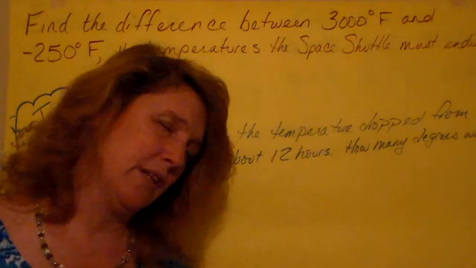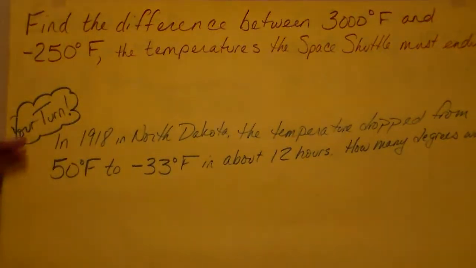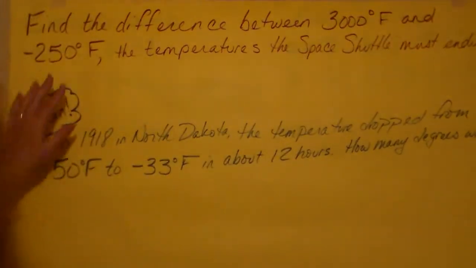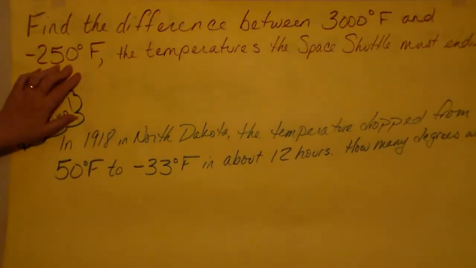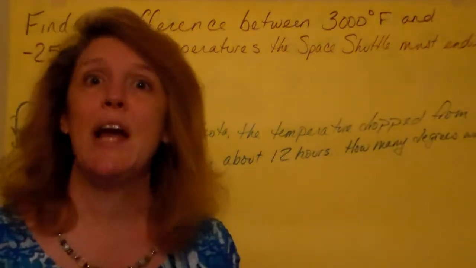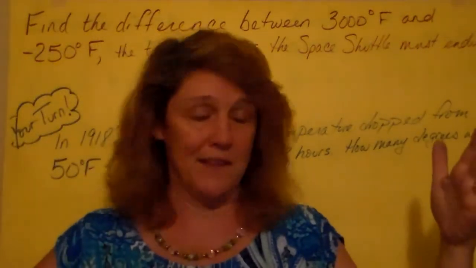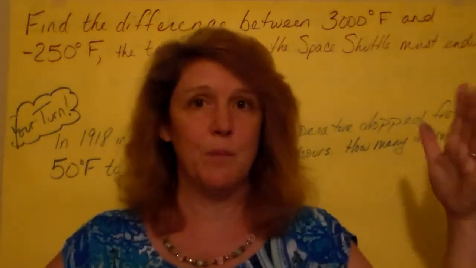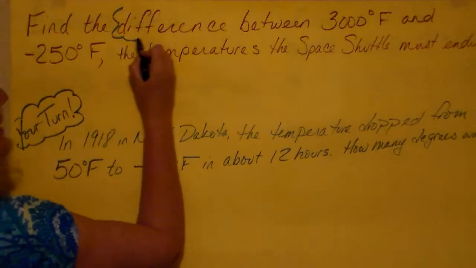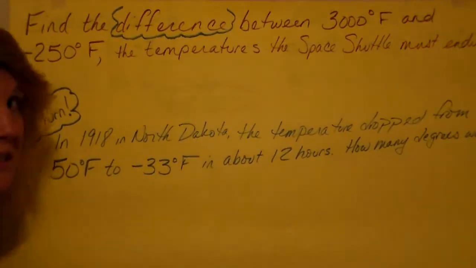Word problems, I know you love them. So, this is what it looks like. Find the difference between 3,000 degrees Fahrenheit and negative 250 degrees Fahrenheit, which is the temperatures the space shuttle must endure. So what they're asking is, what is the span from negative 250 to positive 3,000? The difference, what kind of a problem is this?